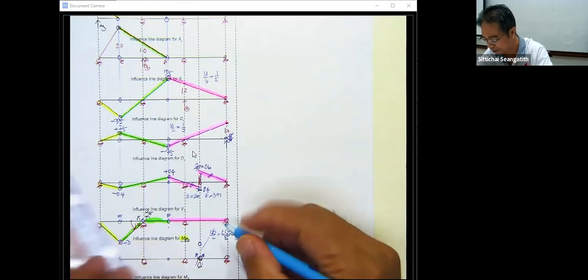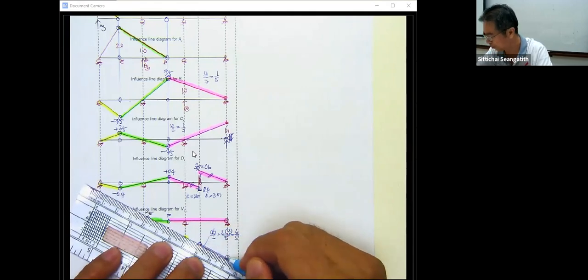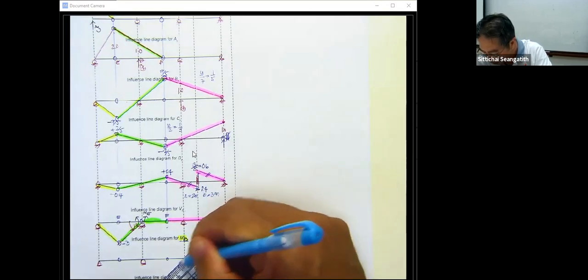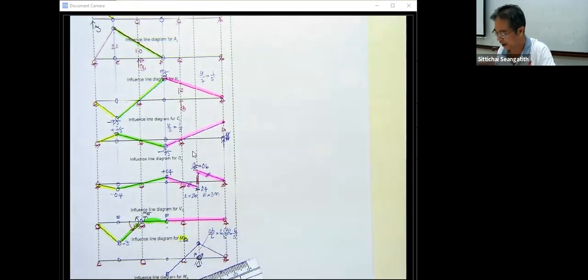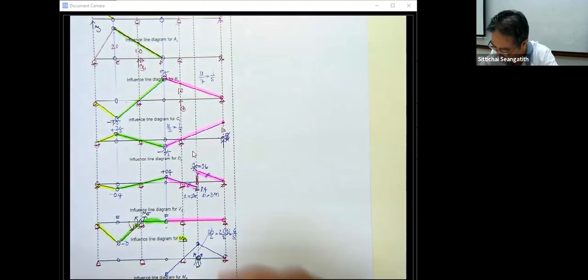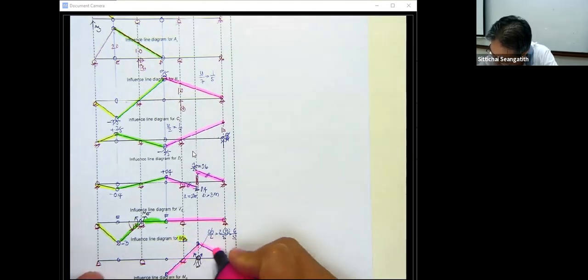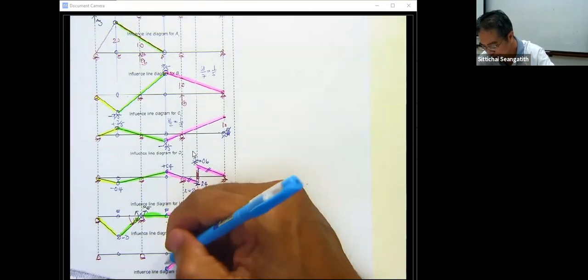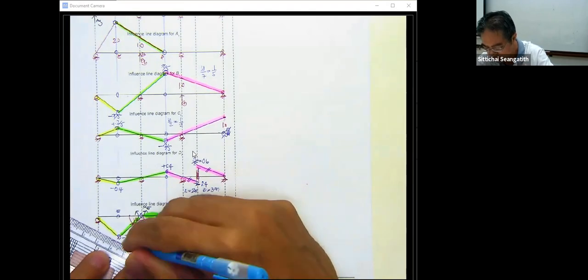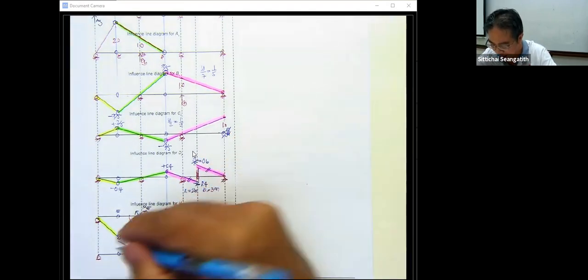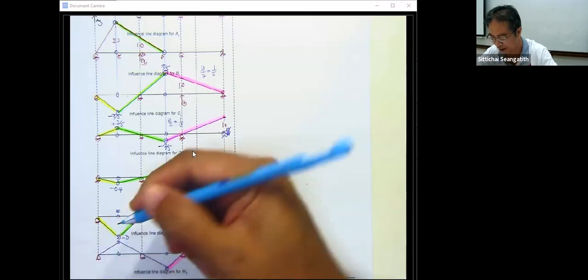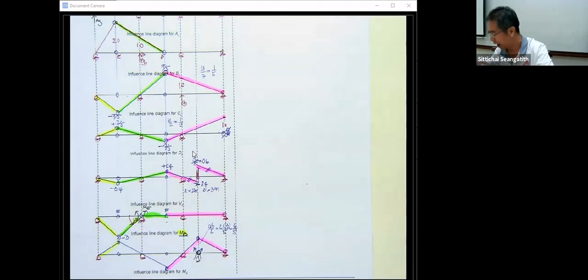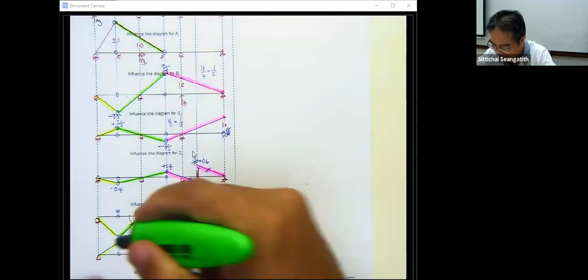This one is in this portion, and this one is in this portion. This is the hinge, and the pink will have the shape like this, and this portion is going to move in the same piece, and this is the hinge. We just connect them together. This is going to be the yellow, and this is going to be the green.